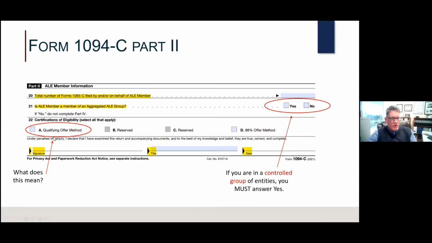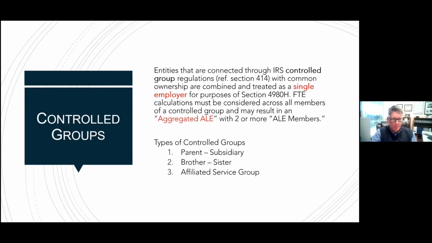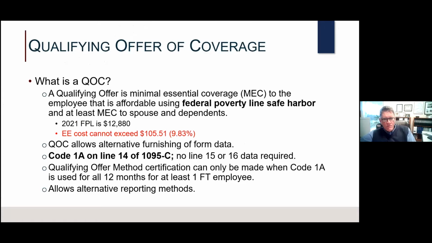The other area where I get a lot of questions is the certifications on line 22, specifically the qualifying offer method. What is a qualifying offer method? Do we have to check this? Do we not check it? What does it mean? Qualifying offer method is a special kind of insurance offer, which really is defined by the cost of coverage to the employee.